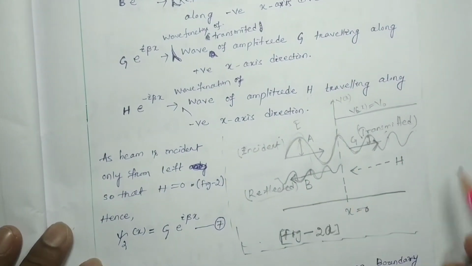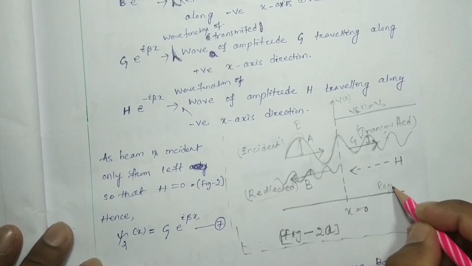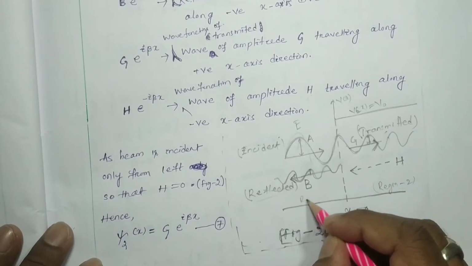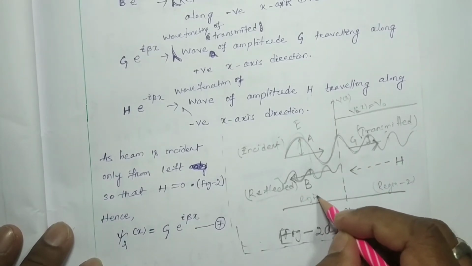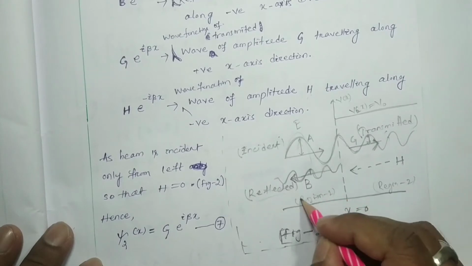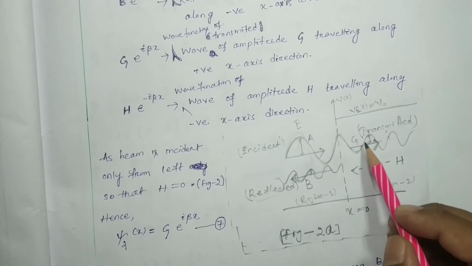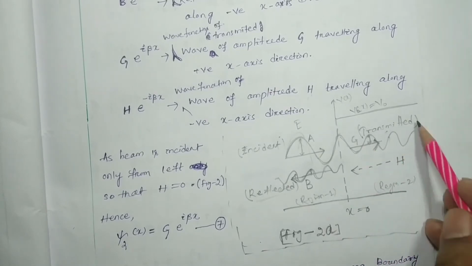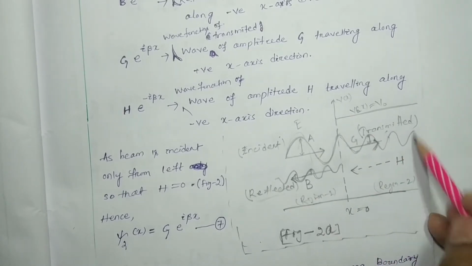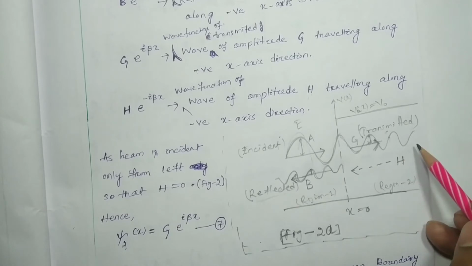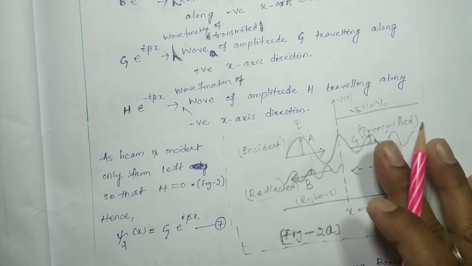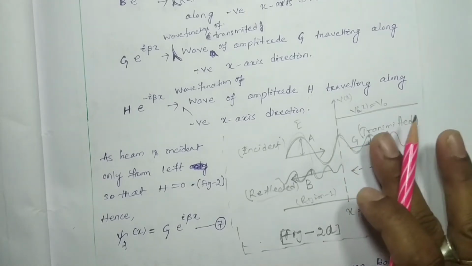So this is region 2 and this is region 1. Just write these things whatever I am writing. In region 2 there is no other reflection, there is no other variation of potential. So this region 2 is fully uniform.